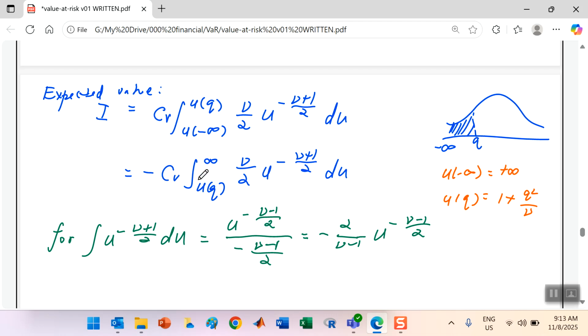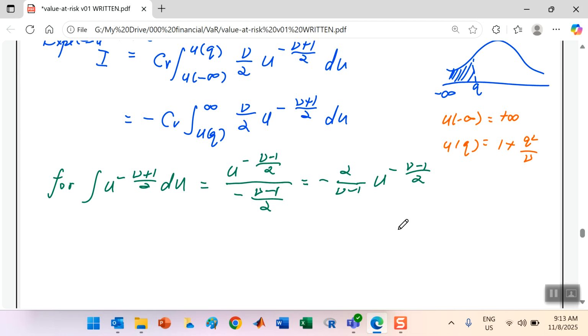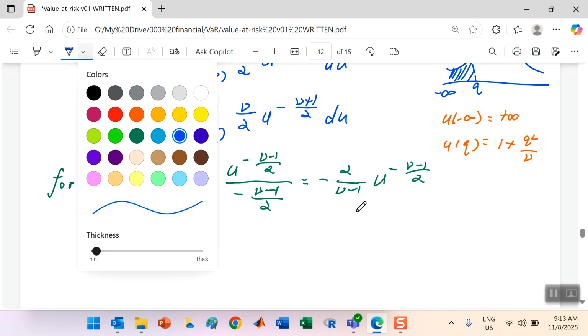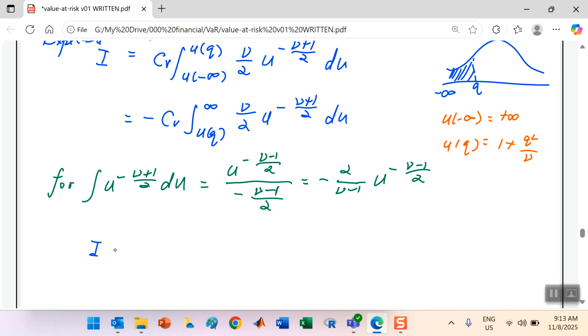Now we substitute the limits in order to get the I value. So the expected value is now minus CV times μ/2, which is a constant, times 2 over (μ−1), from u_q to positive infinity.